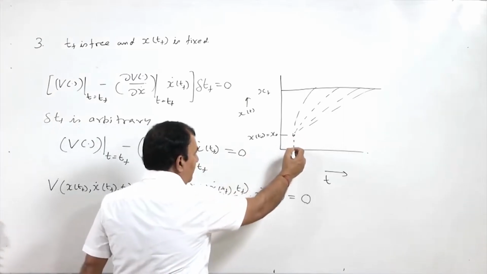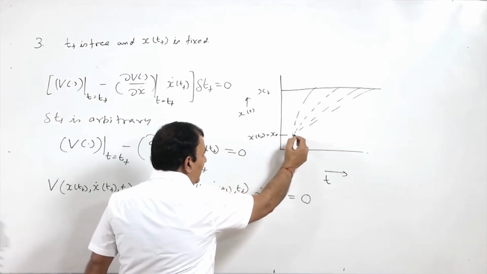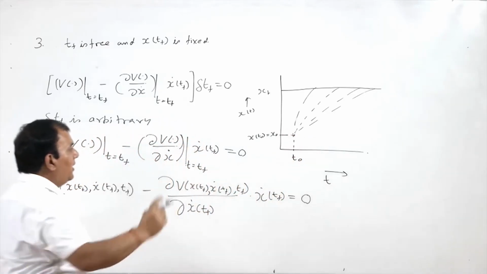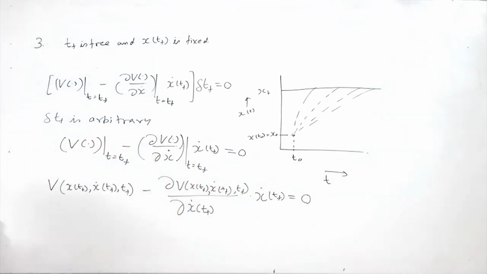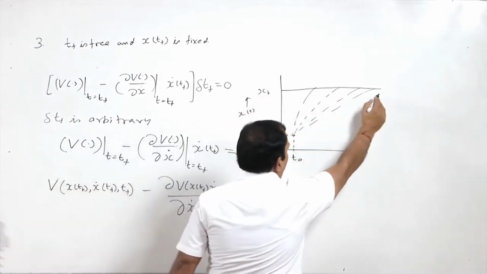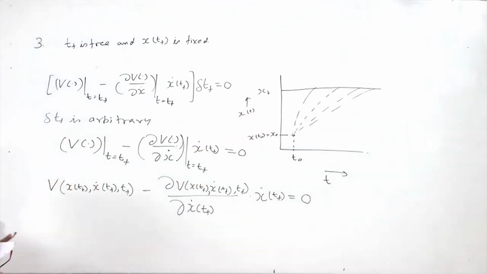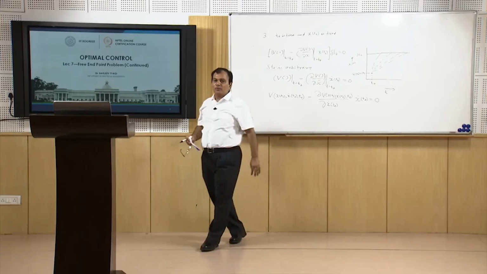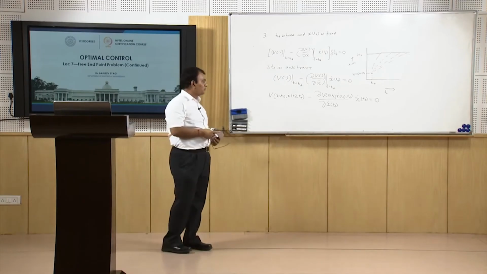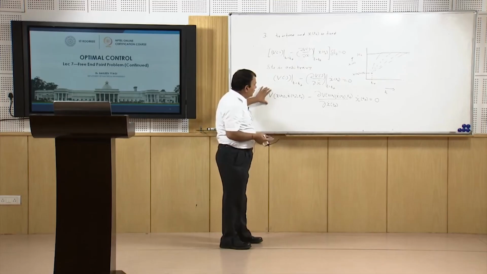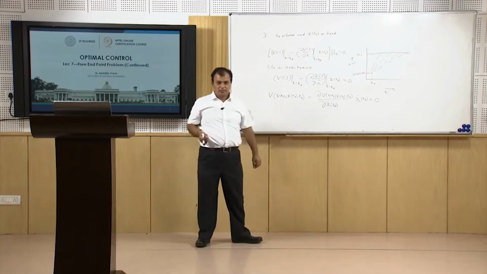The initial point is given, so I am given t0 and x of t0. xf is fixed, specified, tf is free, which will lead to my terminal condition: V minus del V by del x dot at tf, multiplied with x dot of tf, equal to 0. So, this we can use as my terminal condition.